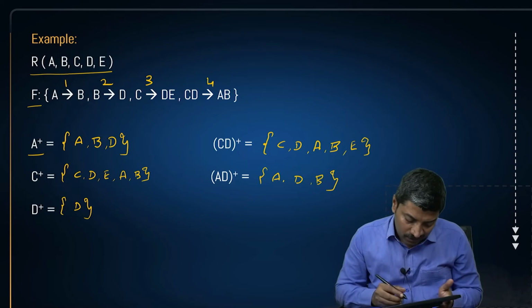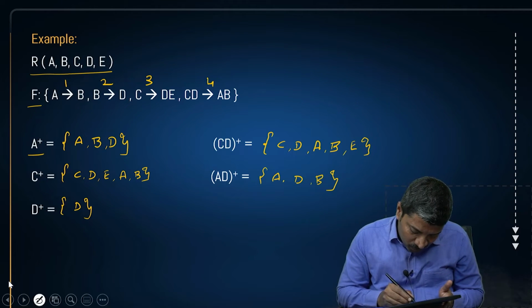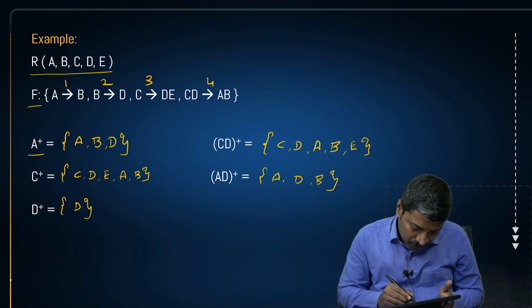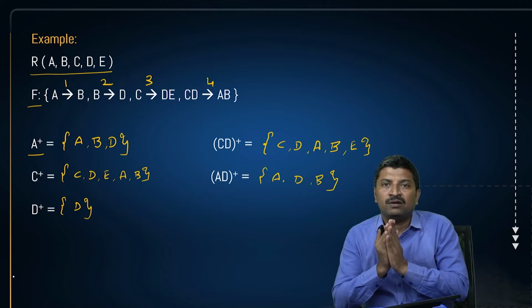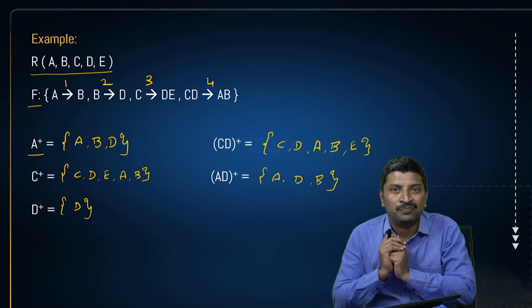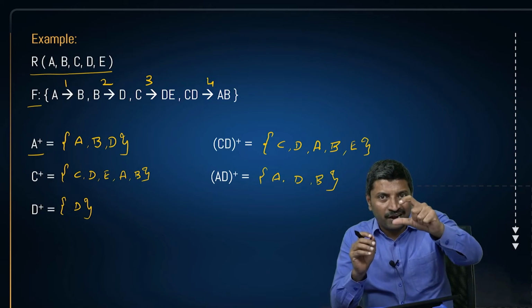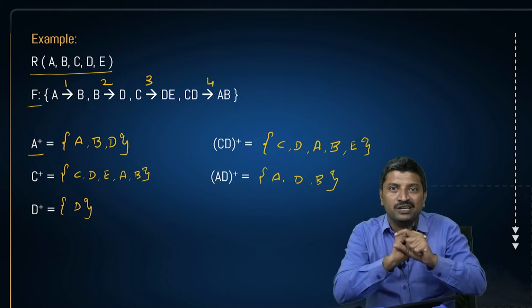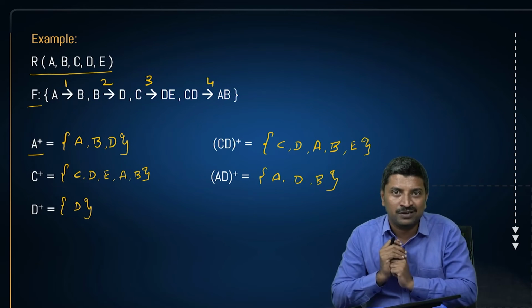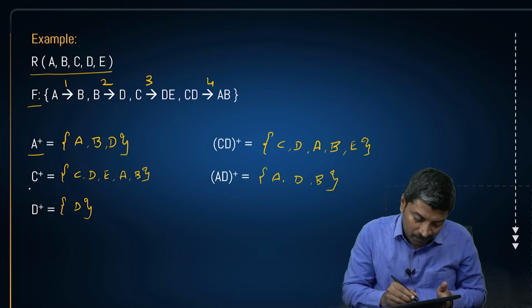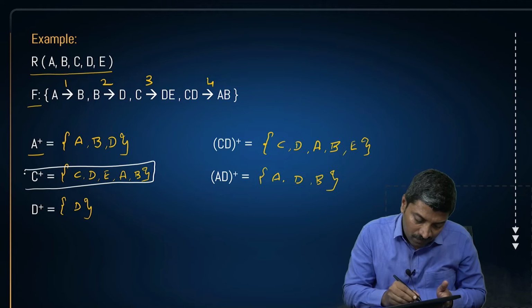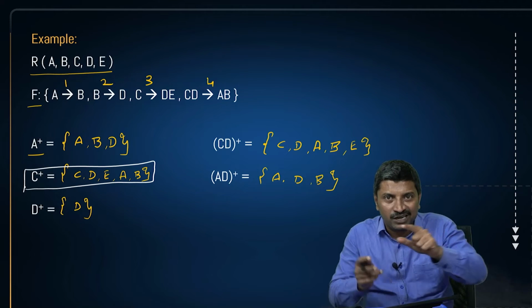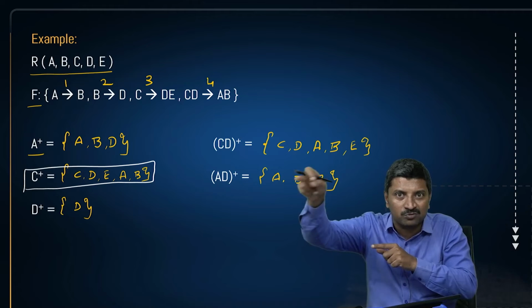Is that clear? Now let me give you one most important point. What is a key? The set of attributes which uniquely determines the tuple of the corresponding relation is called a key. Is that clear? Now look here. By the use of C, I can find the values of all the attributes of the relation.